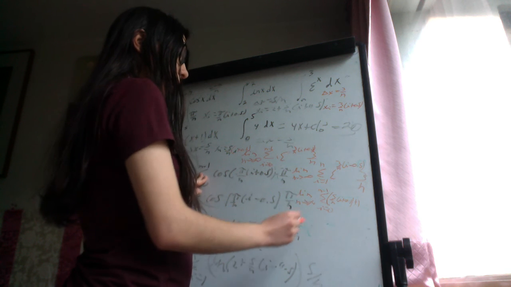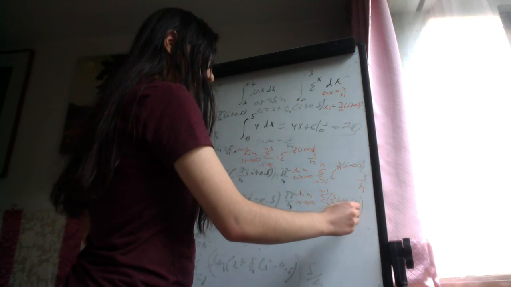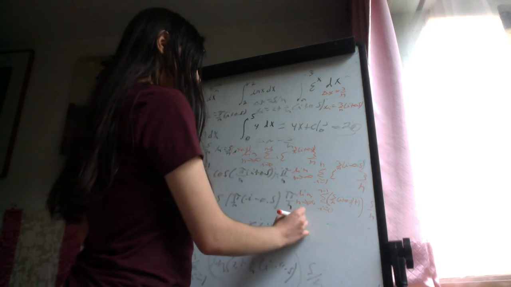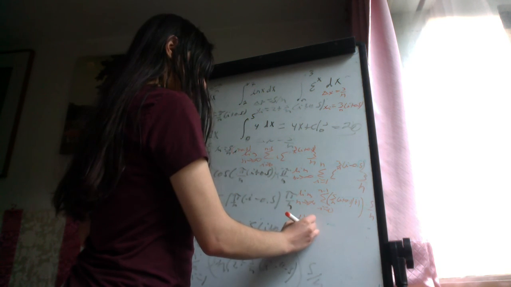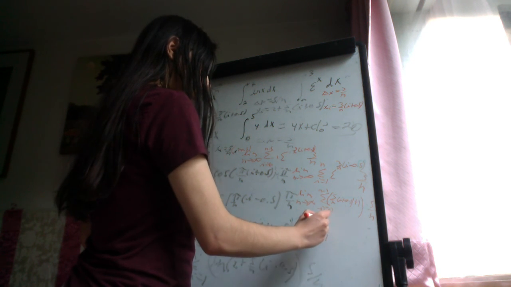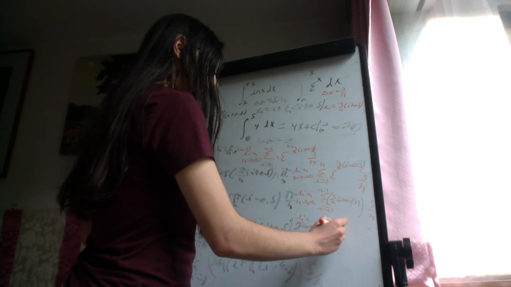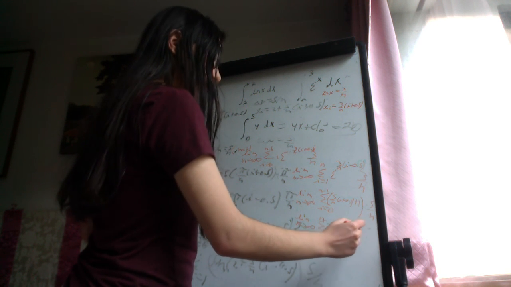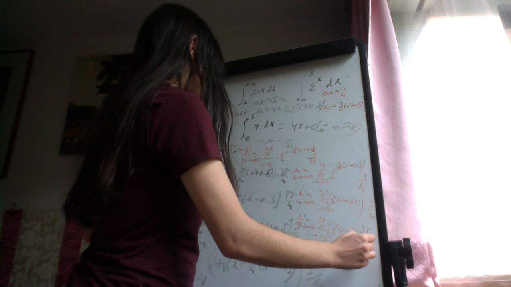This is our f of x, and all this times delta x, that is 5 over n. Or the limit as n approaches infinity of the summation from i equals 1 to n of 5 over n times i minus 0.5, plus 1, all these times 5 over n.